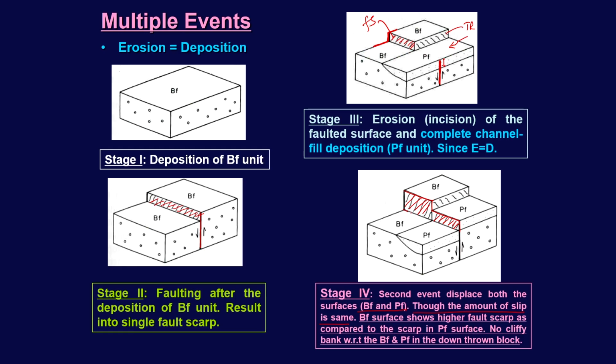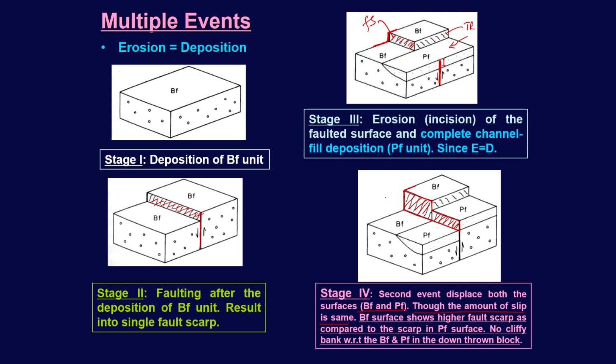Okay. So this portion helps us in understanding the process involved here, where the deposition was equal to erosion, but we had two events. Okay. Because the BF scarp height, if we take it along this line.